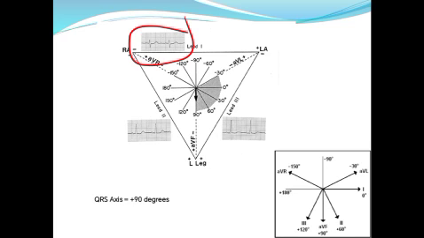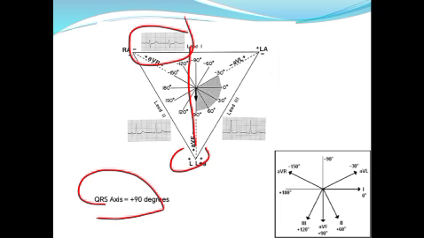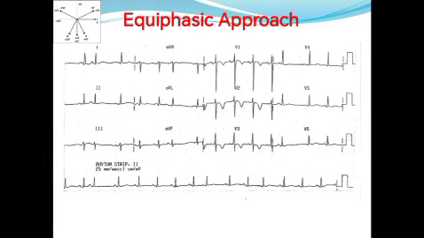And the lead 90° away, 90° like that, means this is the AVF, and now the AVF here is on plus 90, so the QRS axis here is plus 90°. Okay, so again you need to keep this in mind when you determine the axis, I mean the angle.